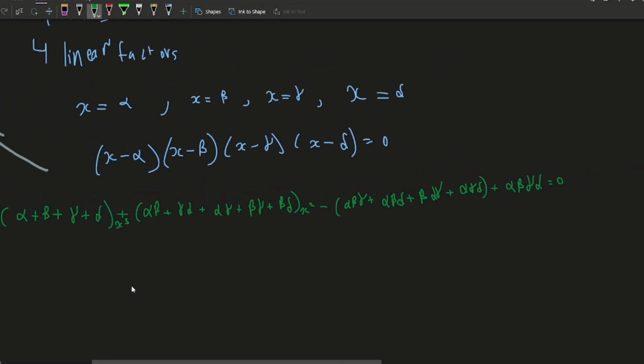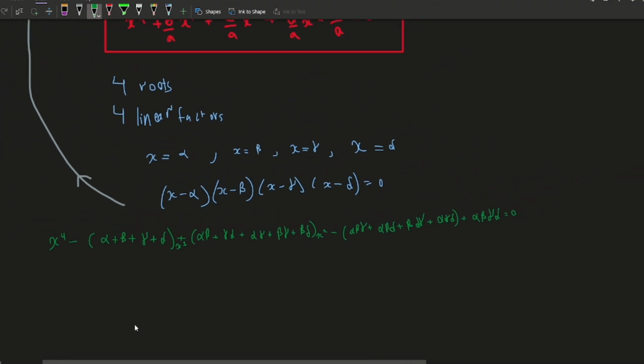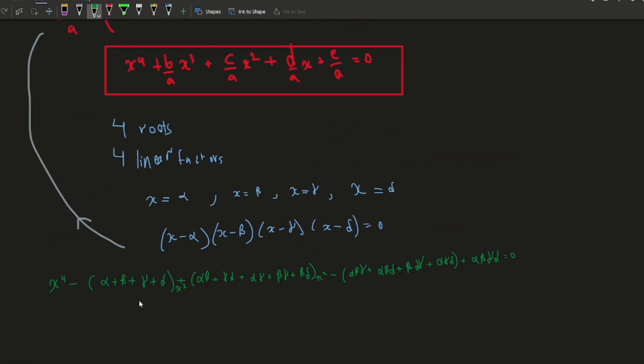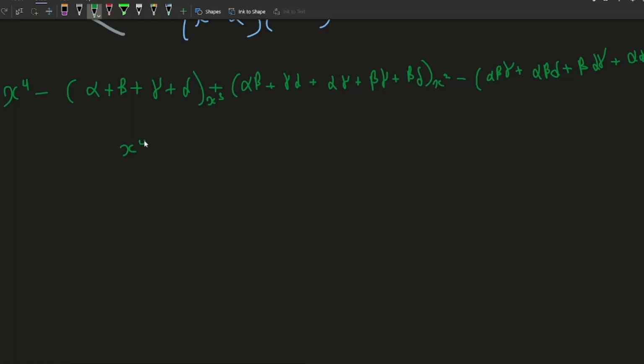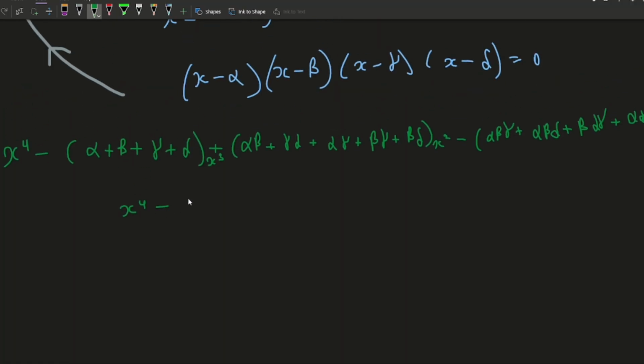So this is our expansion, which is very long. So let's first write them as summations before comparing. So x to the power of 4 minus summation of alpha. This is why the summations are always useful.